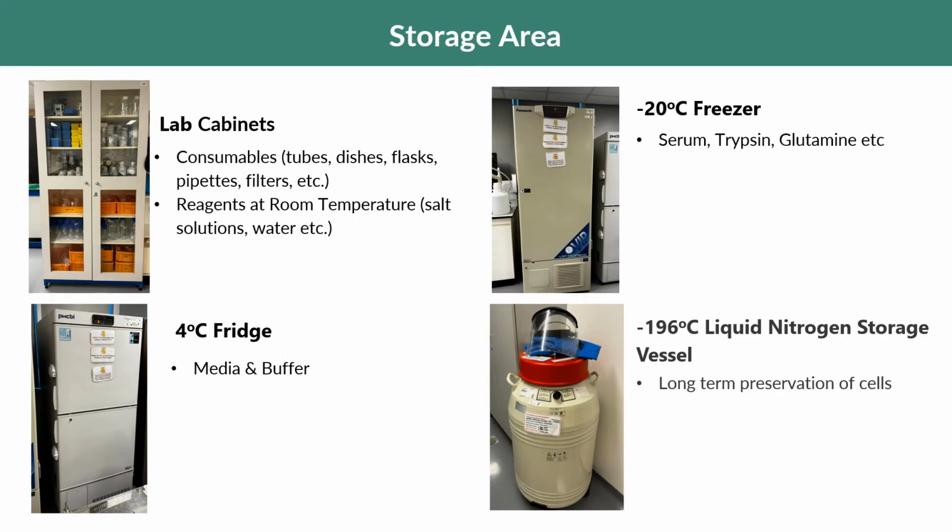What we do is we put them in extremely low temperature freezers, or a liquid nitrogen storage vessel, to maintain these cells for a very long time. Okay, so these cell stocks are usually kept in small little vials and they are kept in such a storage system.